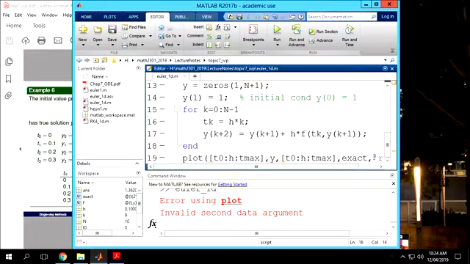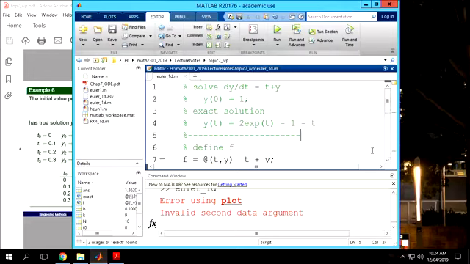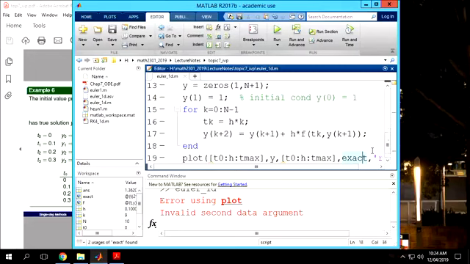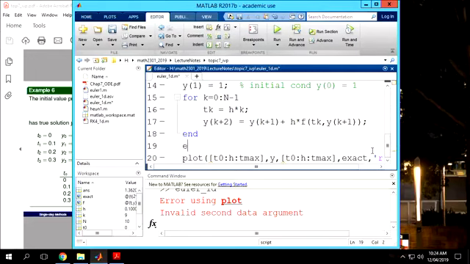I think I have to define exact u to be something. Exact is a function, so we have to define it first. So exact u is exact applied to this vector.